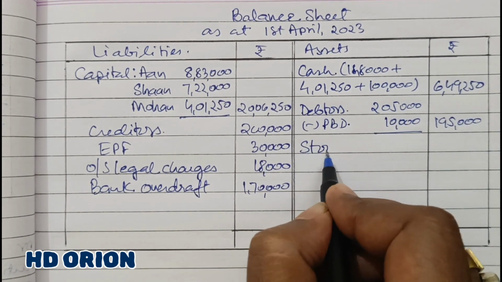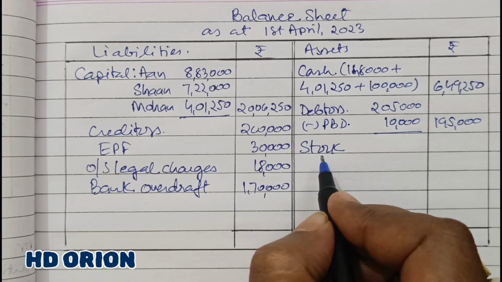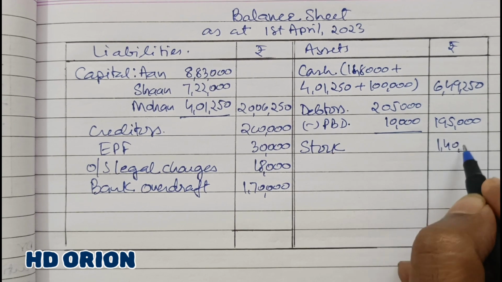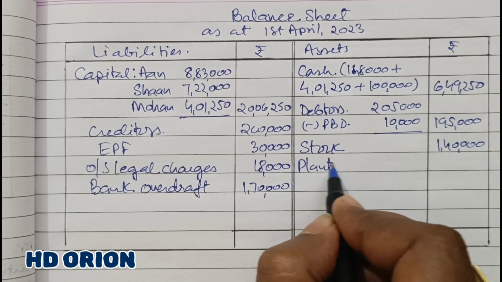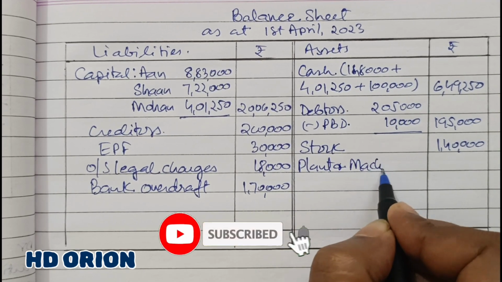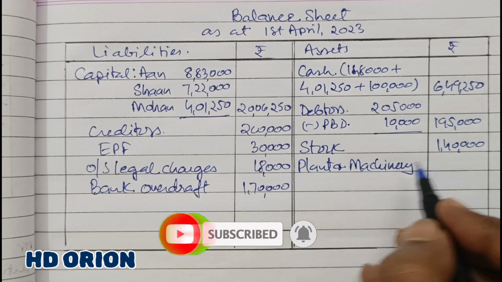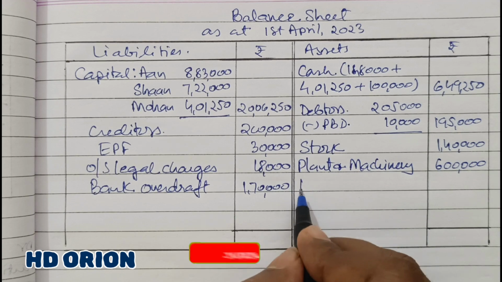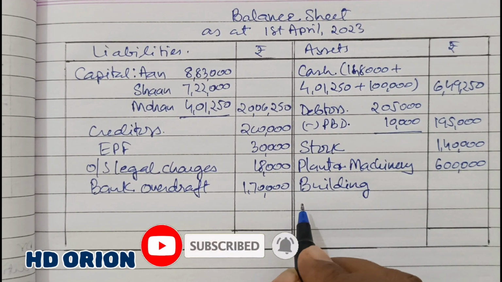Then stock is reduced to 70 percent. So 70 percent of 2 lakhs is 1,40,000, reduced by 60,000 rupees. Then plant and machinery is of no change. It is 6 lakh. Then building has increased by 20 percent.